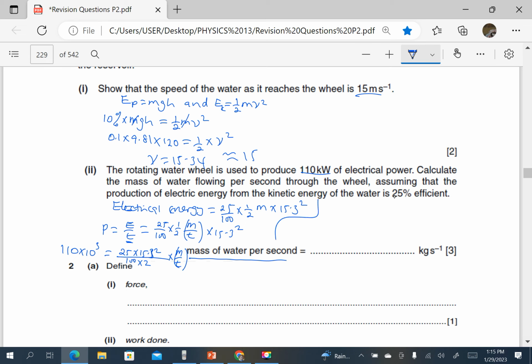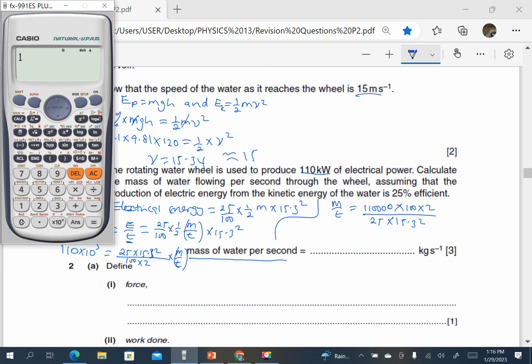So we make m over t the subject. m over t is going to be equal to 110,000 times 100 times 2 divided by 25 times 15.3 squared.